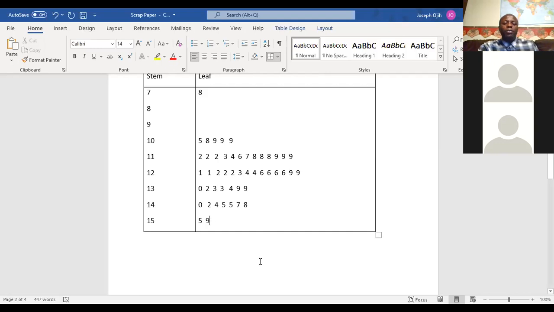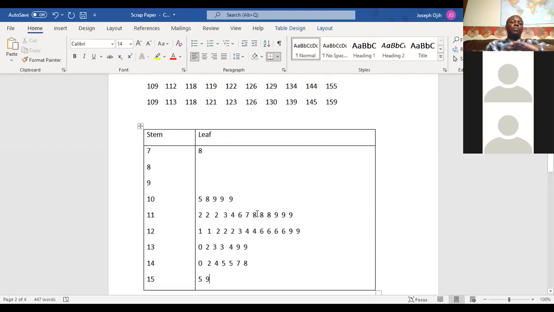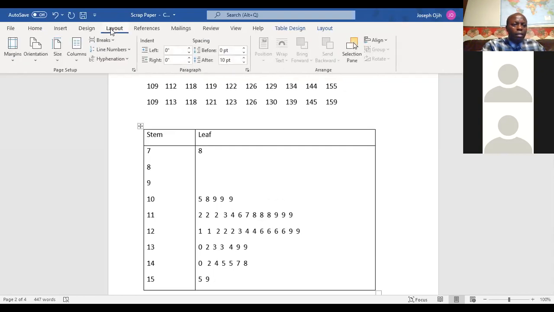So now they can ask you to describe the shape of this distribution. If I ask you to describe it, I want you to turn your paper counterclockwise, as I'm going to do now. Let me see how I can rotate this. Layout, rotation.